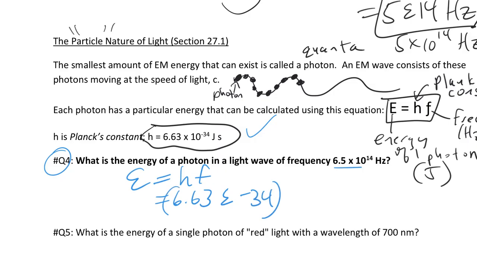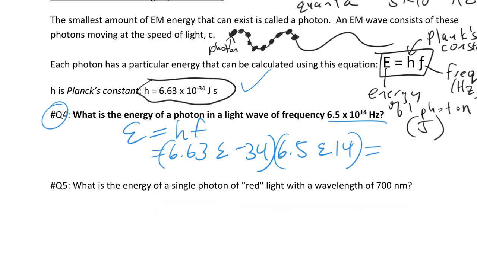Times the frequency, which is 6.5 e to the 14. Now I get 4.31 times 10 to the negative 19 joules. Now that's a little tiny amount, but that's just the energy of 1 photon.